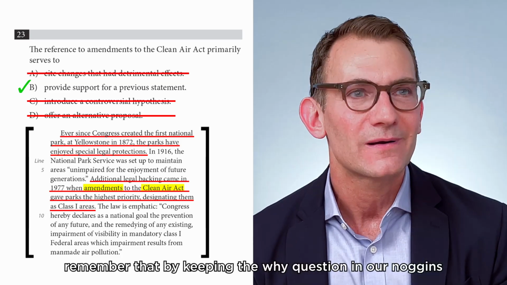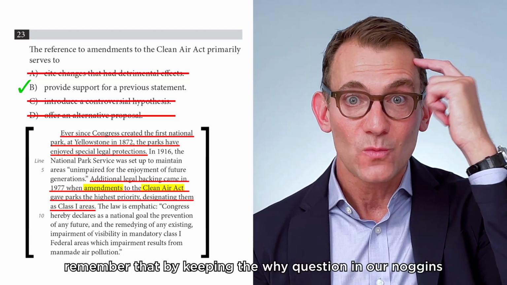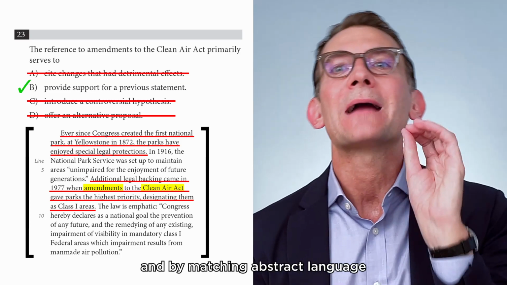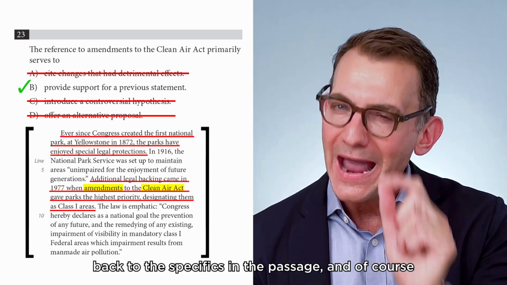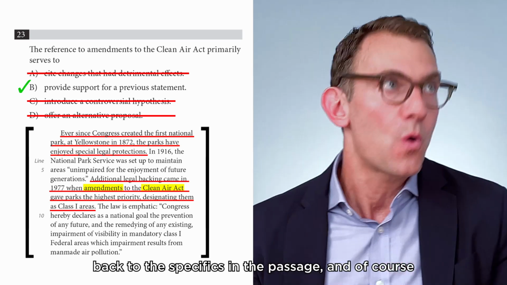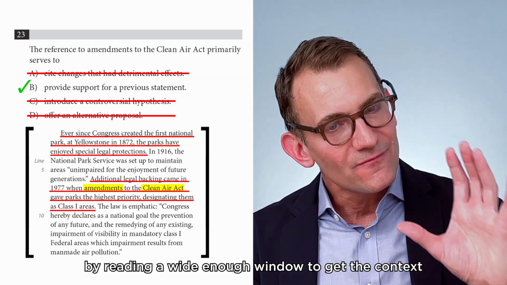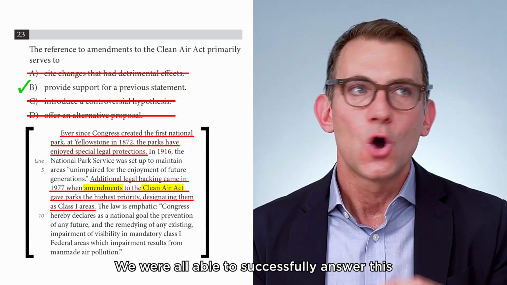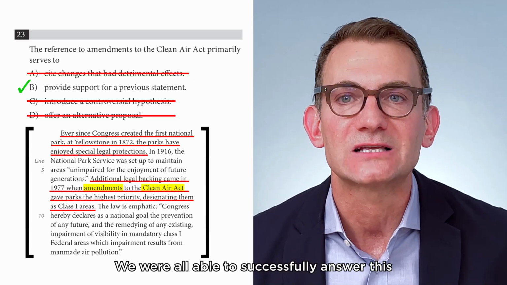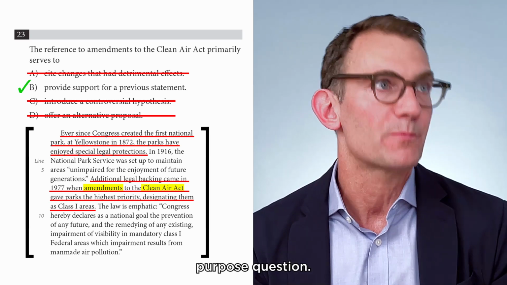And let's remember that by keeping the why question in our noggins and by matching abstract language in the answer choices back to the specifics in the passage, and of course, by reading a wide enough window to get the context for what the author was trying to do, we were all able to successfully answer this purpose question.